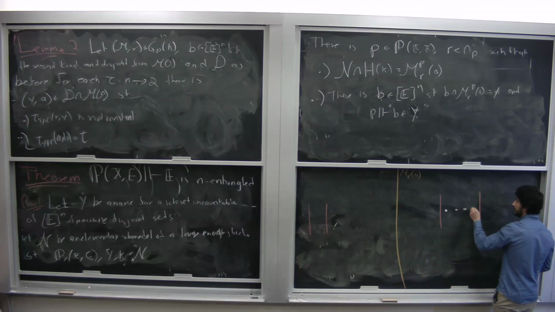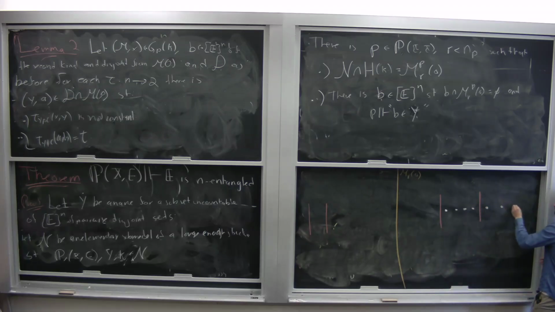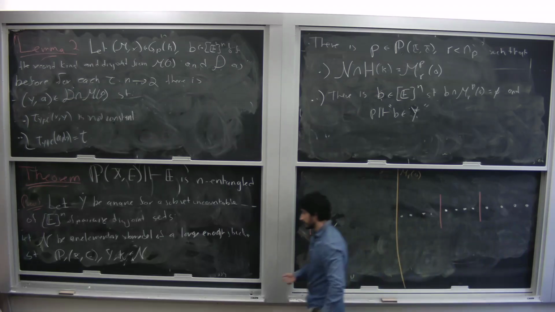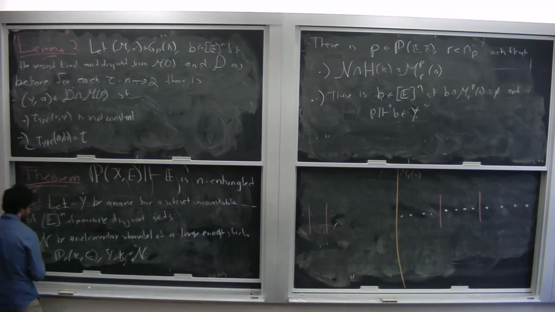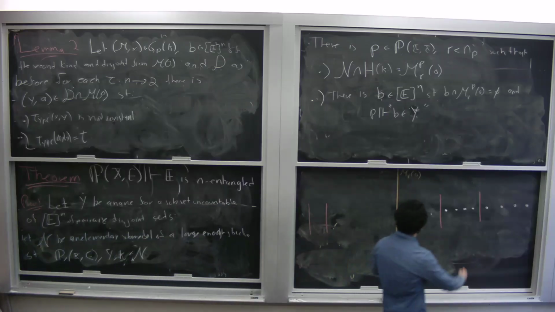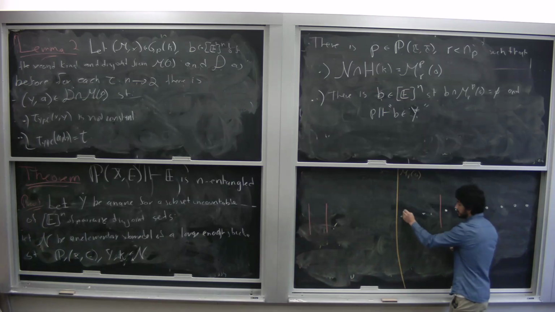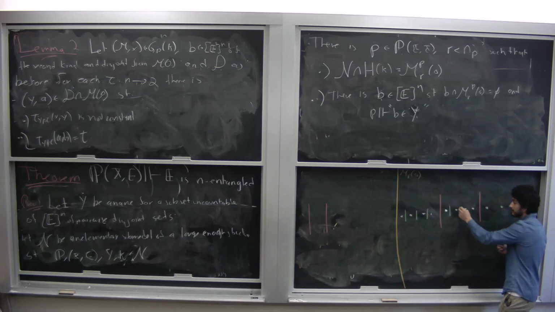We have here, let's say, 4 points. Each of these big lines represents the first element of a good chain, so here are the remaining elements.